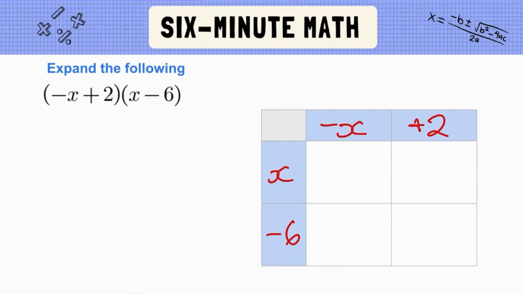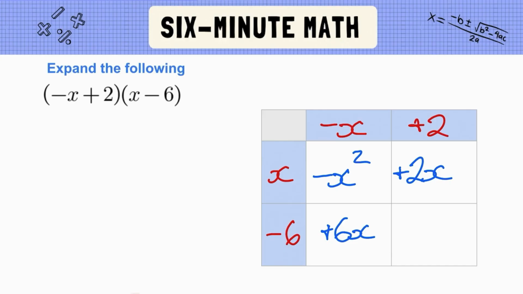X times negative x is negative x squared. X times positive 2 is 2x. Negative 6 times negative x is positive 6x.